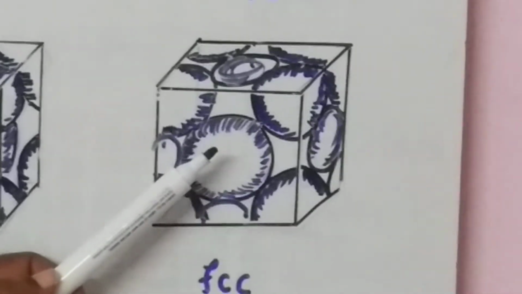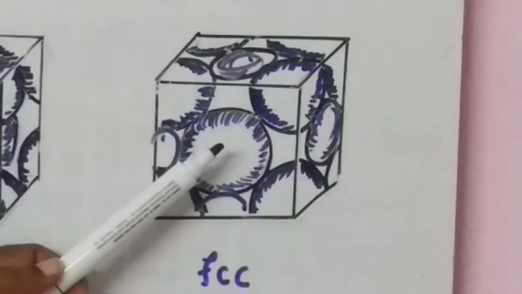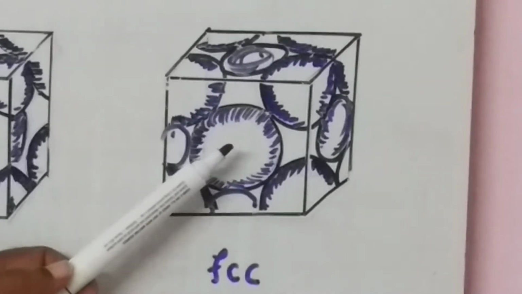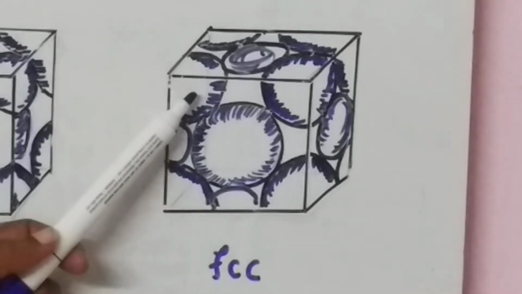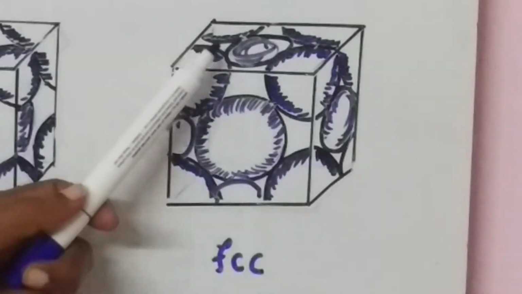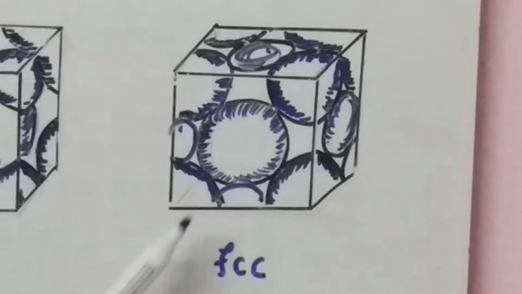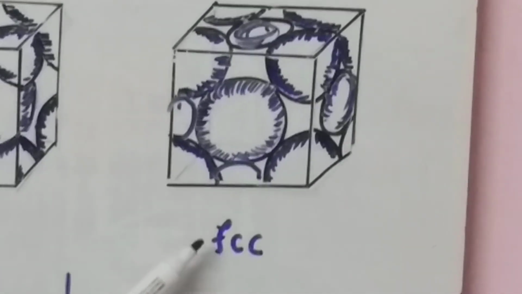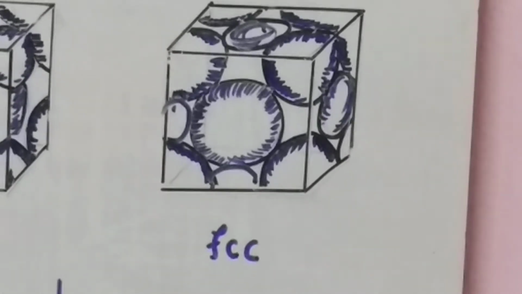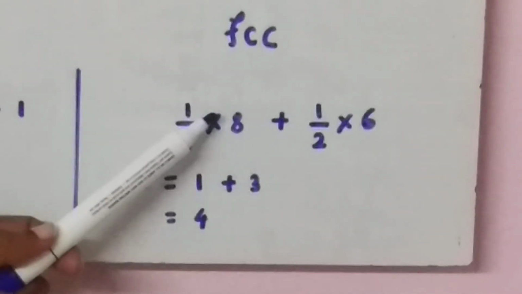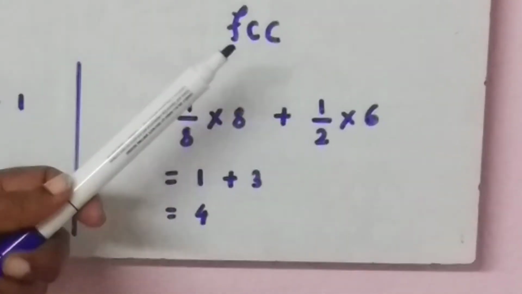So each face acquires half atom and one atom is contributed at the 8 corners of cube. So total number of atoms present in face centered cubic cell is equal to 1 by 8 into 8 plus 1 by 2 into 6.